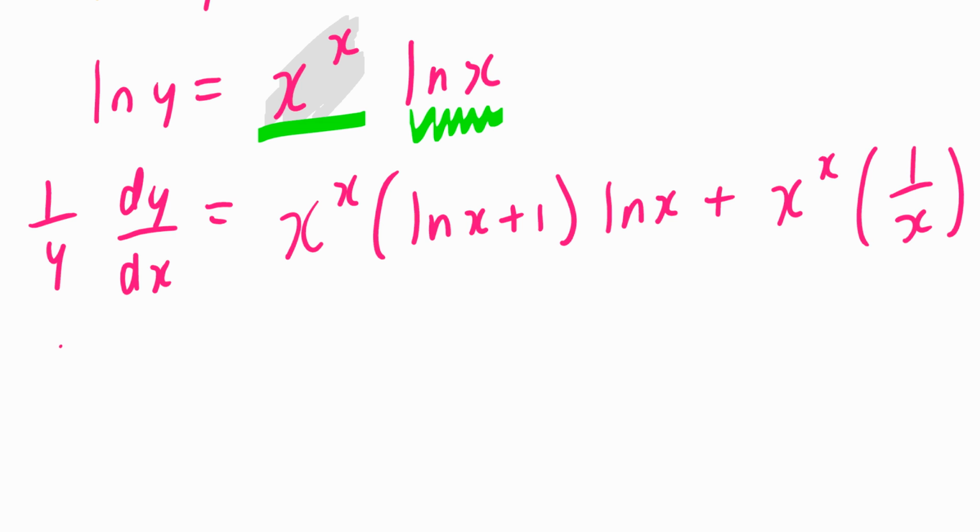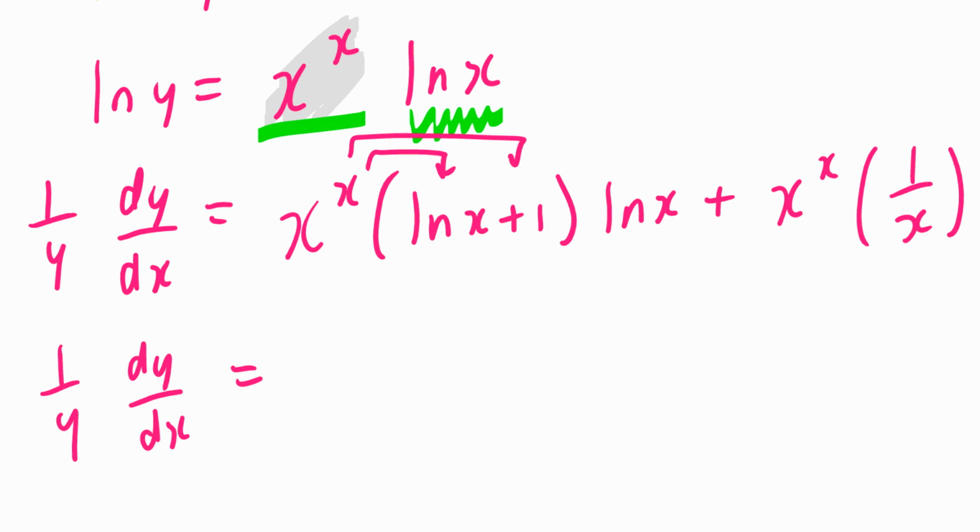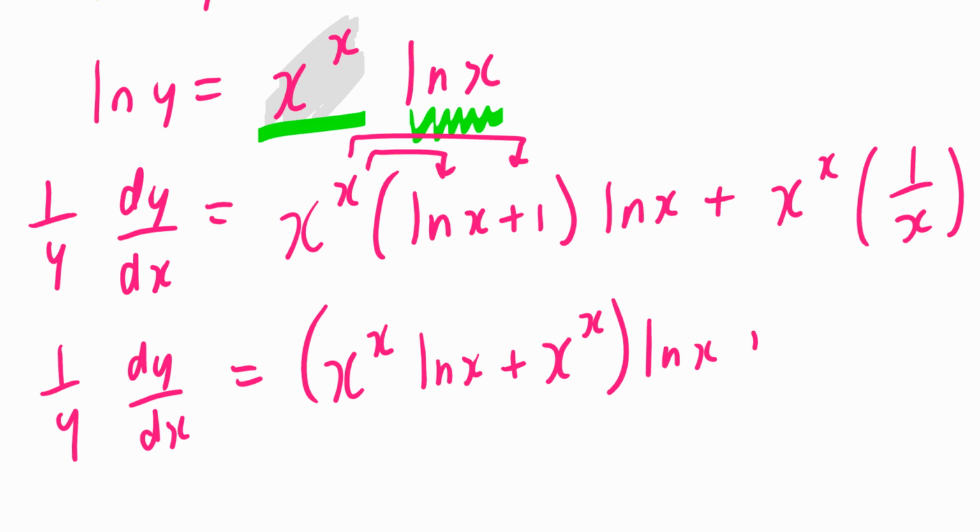Now before we bring y to the other side, let's collect like terms. So you copy the left-hand side. On the right, you can draw these arrows. x to the power of x times ln x plus x to the power of x in brackets times ln x, plus, think about this second part, x to the power of x divided by x. We can clean this up in a little bit.